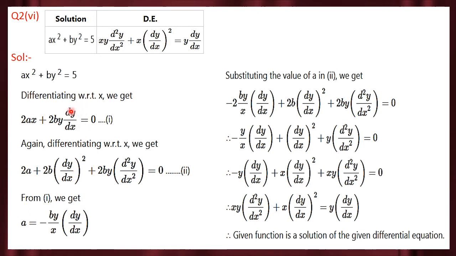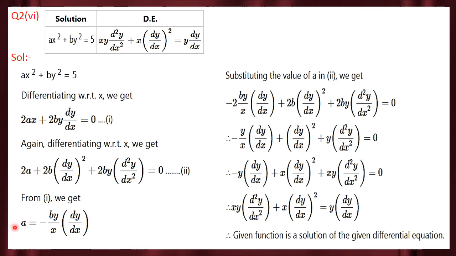Now from this first equation, 2ax plus 2by dy by dx is equal to 0, we will form the substitution for a. So 2ax is equal to, first you take the second term to the RHS, then it will be minus 2by dy by dx. Then you can cancel 2 from both sides, and the equation will become a x equal to minus by, dy by dx. x is to be taken to the RHS, then minus by by x into dy by dx.